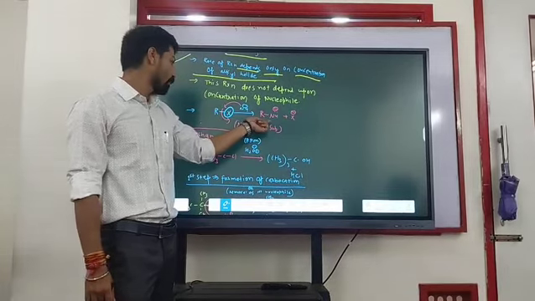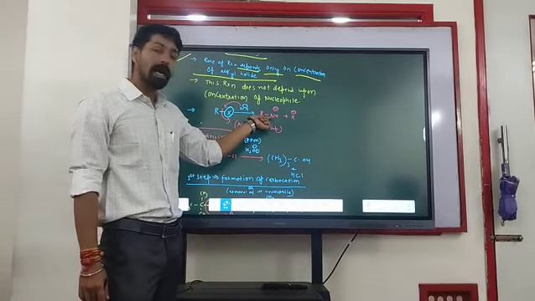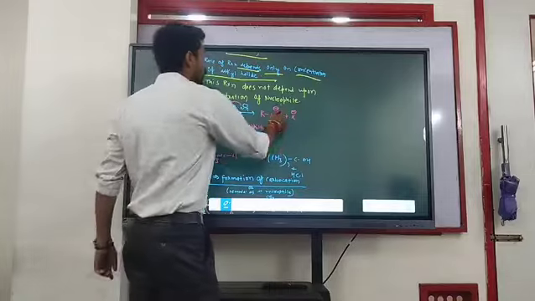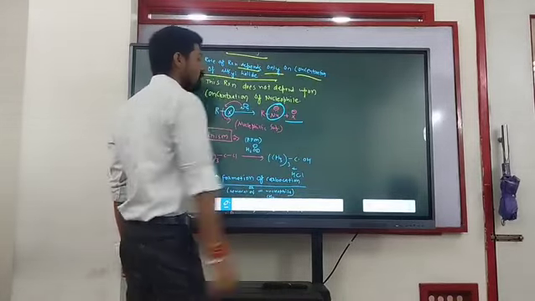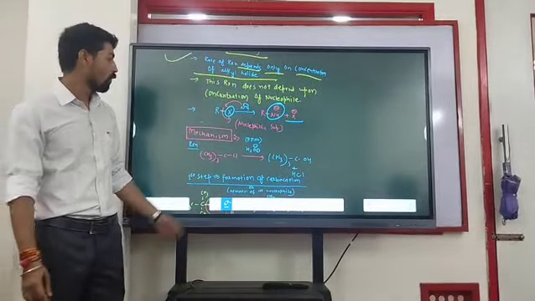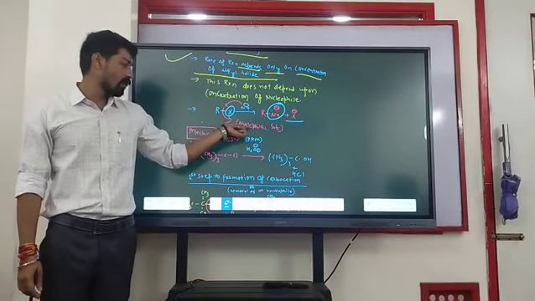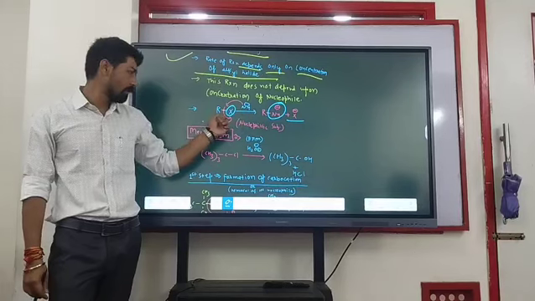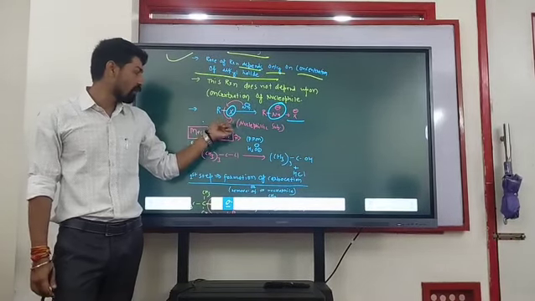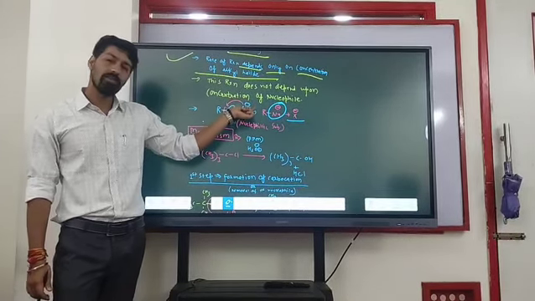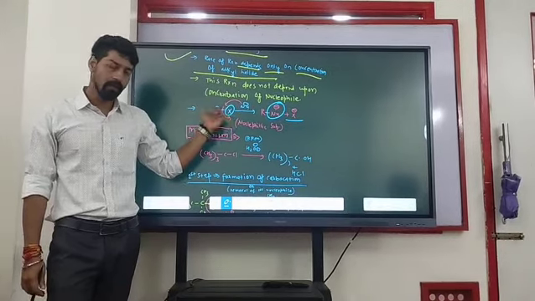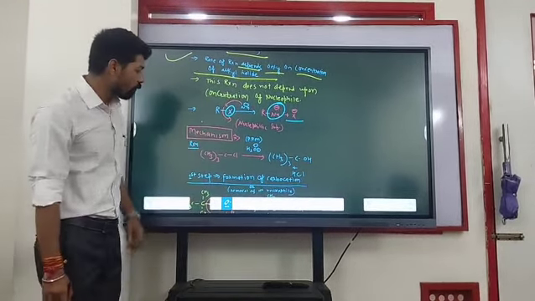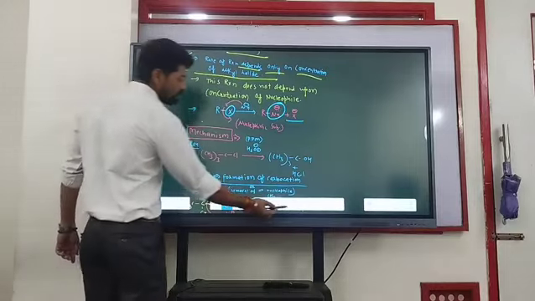That's why there is formation of R-Nu. Nu is nucleophile here, and X minus is halogen group here. Okay, that's why it is a nucleophilic substitution reaction, because one nucleophile is substituting the second nucleophile. Are you getting me?